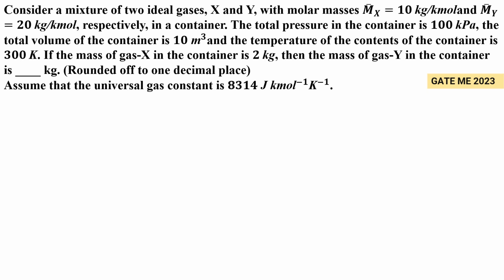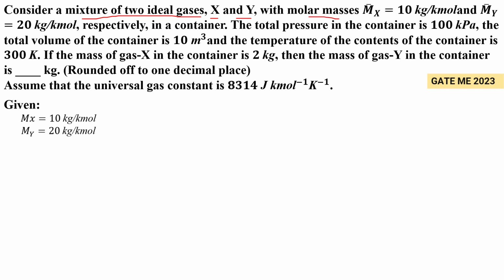First you have to write down the given data. Here a mixture of two ideal gases, X and Y, is given, along with the molar masses of the X and Y gases. Let Mx, the molar mass of the X ideal gas, be 10 kg per kilomole, and My, the molar mass of the Y ideal gas, equal to 20 kg per kilomole.